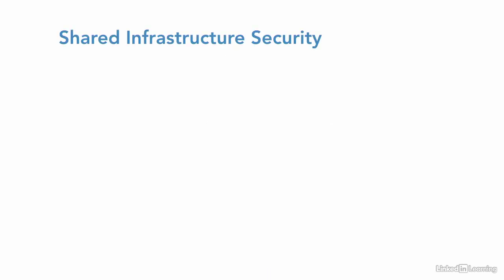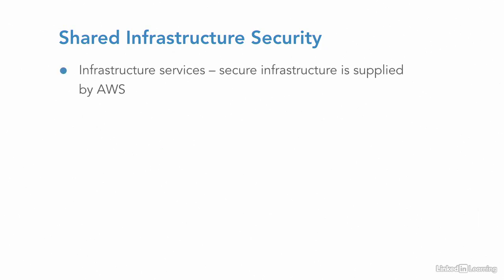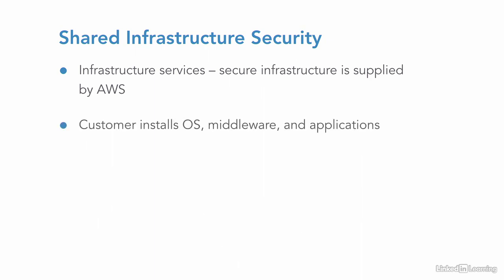So we typically in the cloud have a shared infrastructure security, meaning it's shared amongst all customers. The infrastructure, particularly with storage and networking, it's secured, but it's shared for all customers. That's provided by AWS. Then the customer installs the operating system, the middleware, and the applications in their application stack.